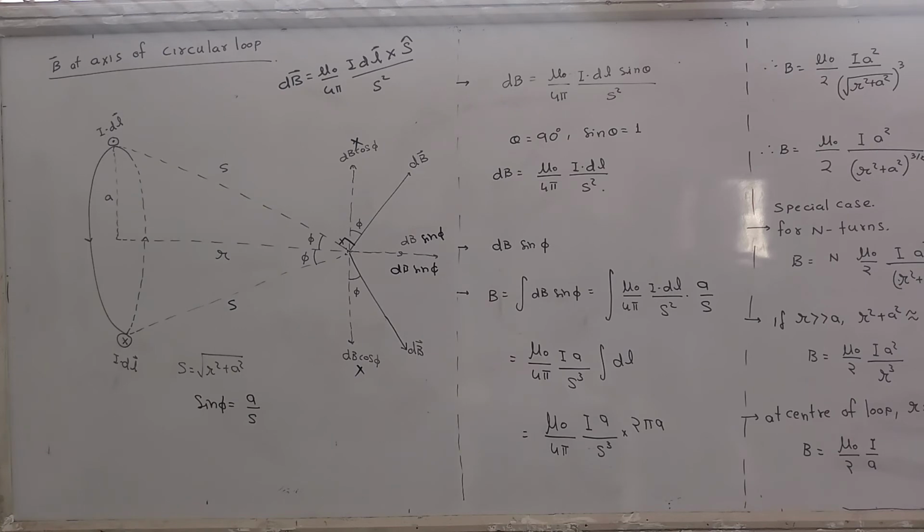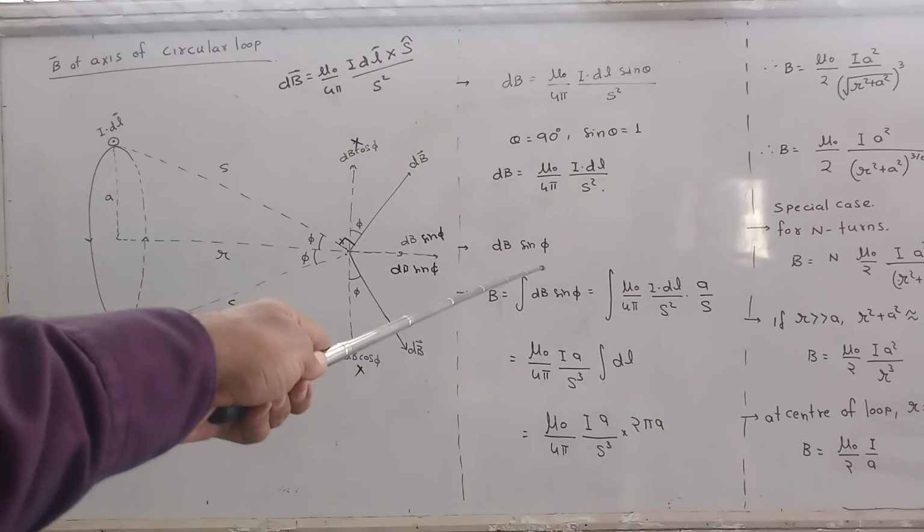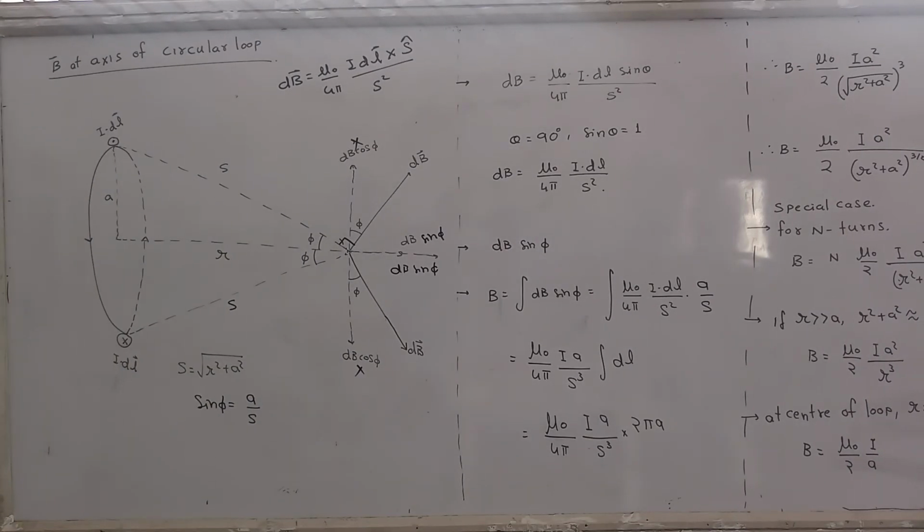Now this was due to the top and the bottom current elements, but if you take any two diametrically opposite current elements, see, top and bottom are diametrically opposite. What happens? Sin phi exists, cos phi cancels out. The same thing happens with these two points also.